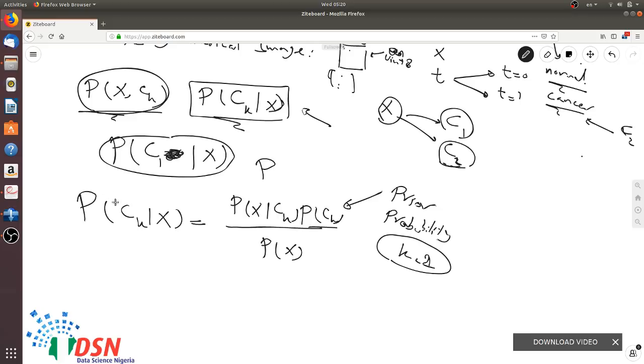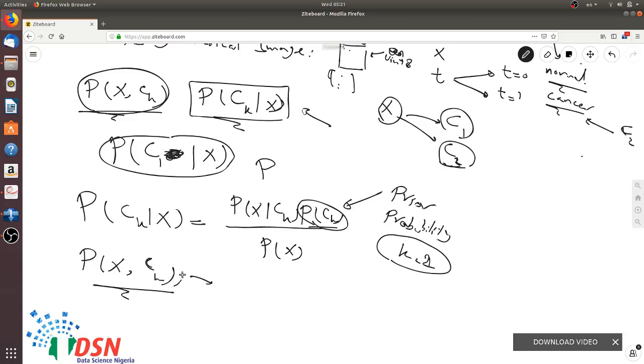Just note that if we have the joint probability, we can derive all of these values by marginalizing or conditioning this probability distribution. For example, if we want to derive P of Ck, we just marginalize over x, or you could condition on Ck and derive this term.